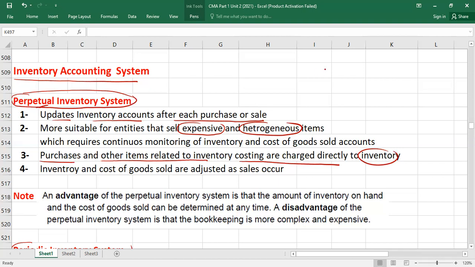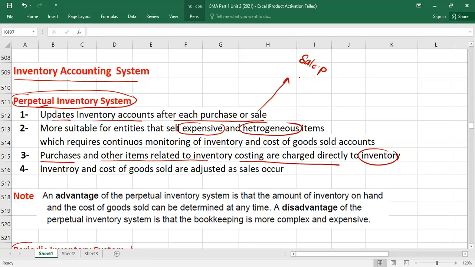And the next point is: whenever you sell the item, you will always pass 2 entries under the perpetual system. Practically, maybe 1 entry is required and the second entry is passed automatically in the backend. But if you are working manually, you have to pass 2 entries. The first entry is with the sale price: mostly debit receivables or cash, credit revenue with the sale price.